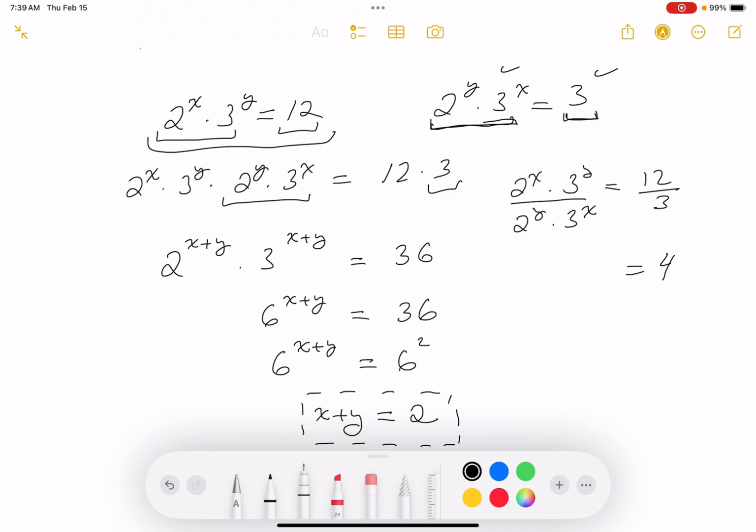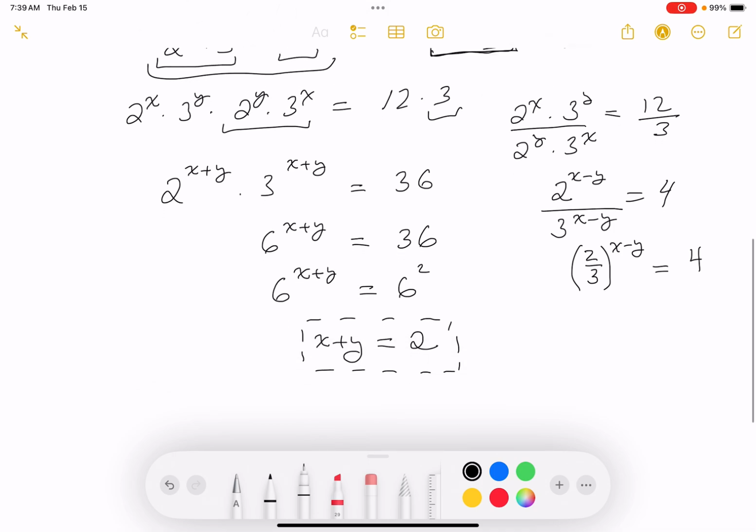On the left side, what do you get? Let's take a look. You get 2 to the x minus y and you get 3 to the x minus y. I'm just using simple rules of exponents, by the way. What do I get over here? I get 2/3 to the x minus y is equal to 4.